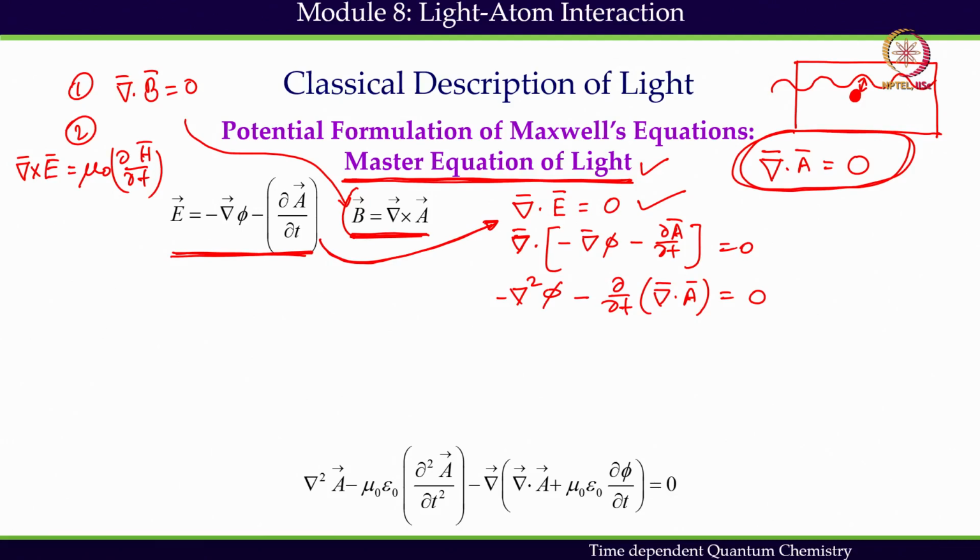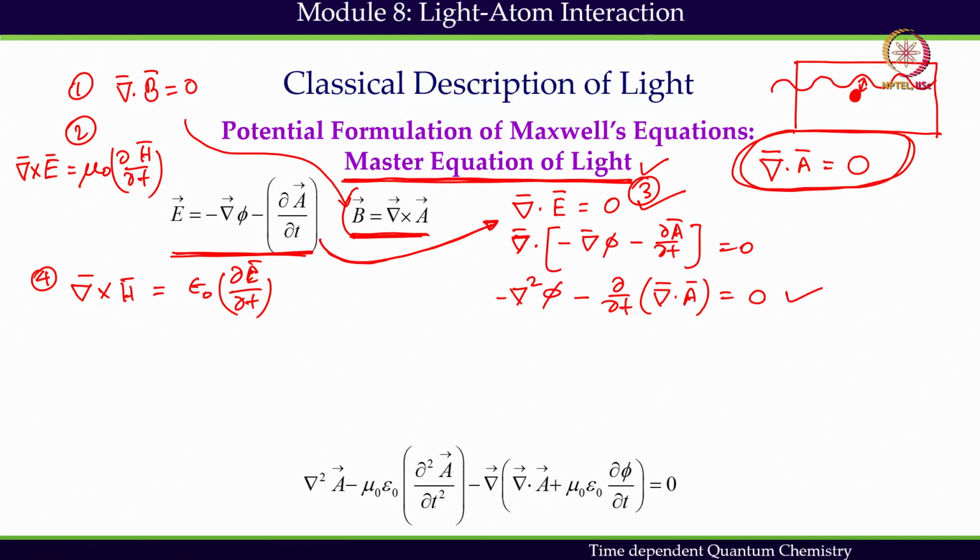So, what we have is that this equation we get finally, and another equation which is left. This is the third Maxwell's equation, and the fourth Maxwell's equation was the curl of H is nothing but epsilon naught dE/dt. So, a time varying electric field is producing the magnetic field.